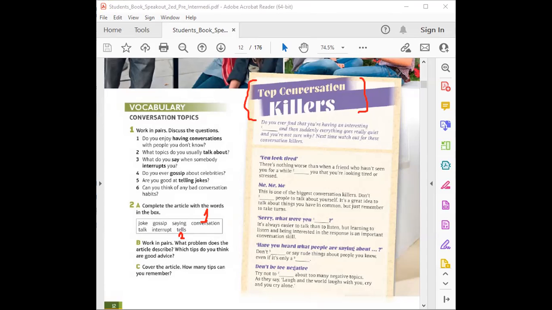Don't interrupt people. Okay, continue. Don't interrupt people to talk about yourself. It's a great idea to talk about things you have in common, but just remember to take turns. Thank you. Sarah, continue, please.